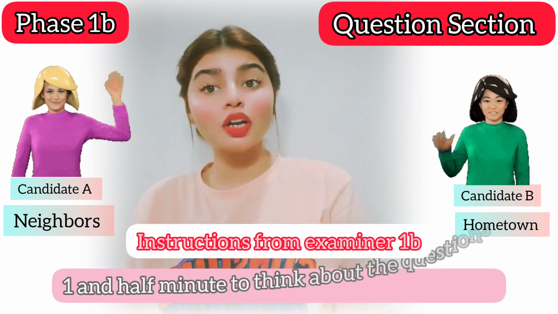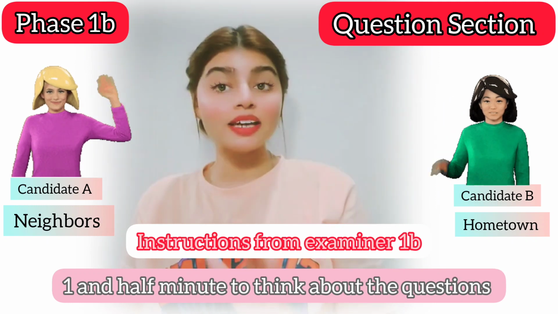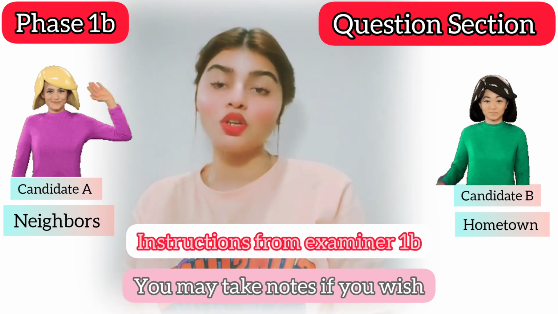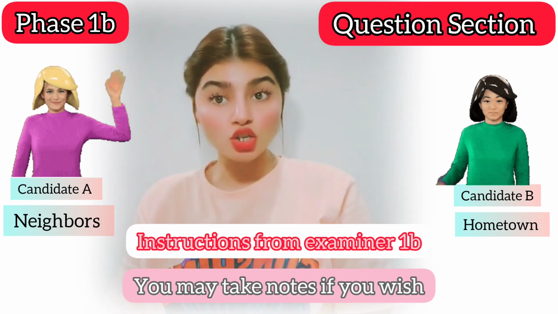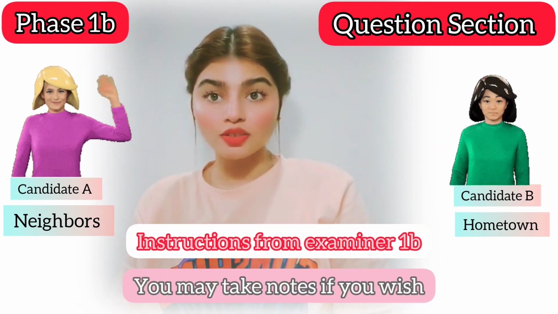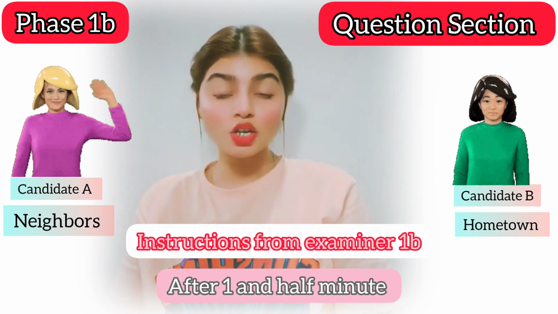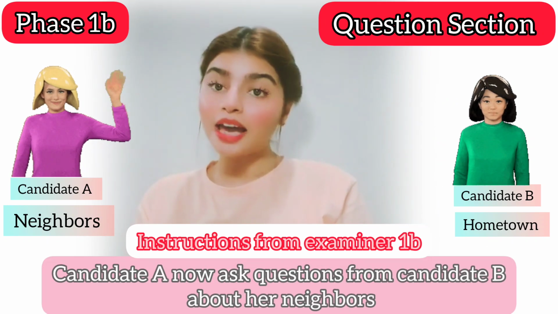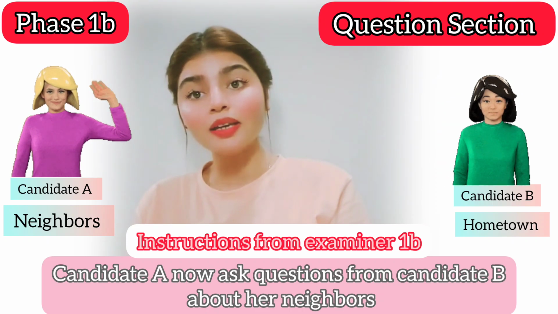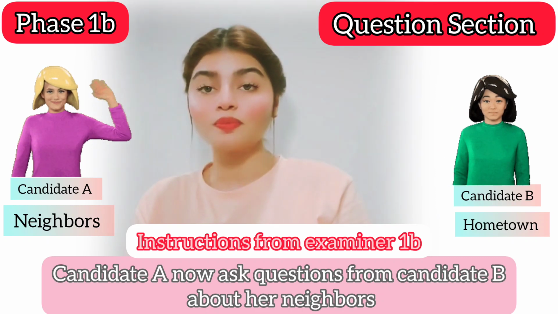Then the examiner allows 1.5 minutes to think, and provides you with a paper and pencil to take notes if you wish. After 1.5 minutes, the examiner says to candidate A, now ask your questions from candidate B about her neighbors.